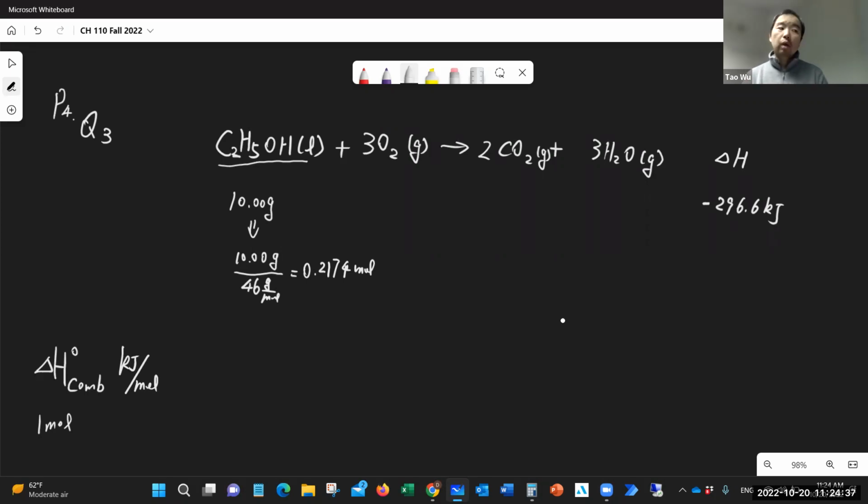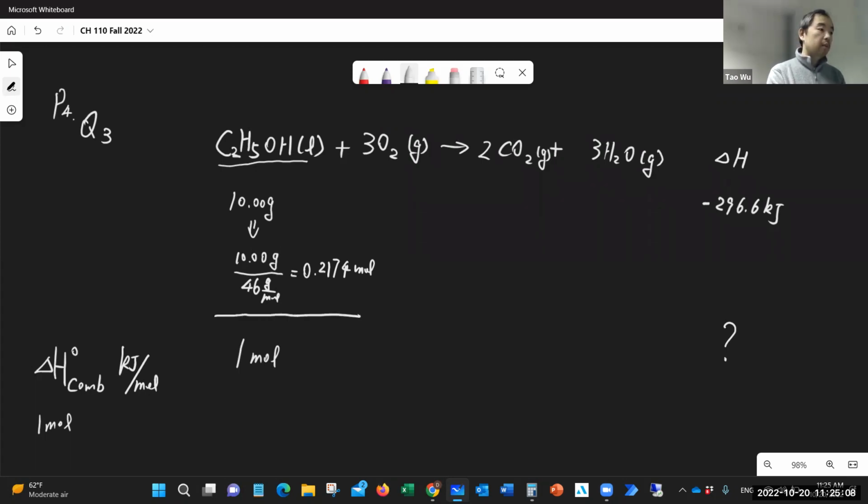And then what do we write over here? Obviously the question is asking, for 1 mole of the ethanol, how much heat are they going to produce. That makes sense, right? Then that's easy to set up. The easiest way is just using the ratio. 0.2174 moles of ethanol produce that much heat.